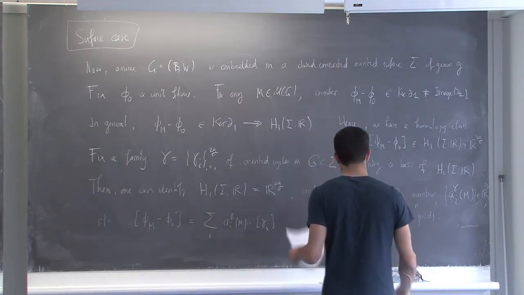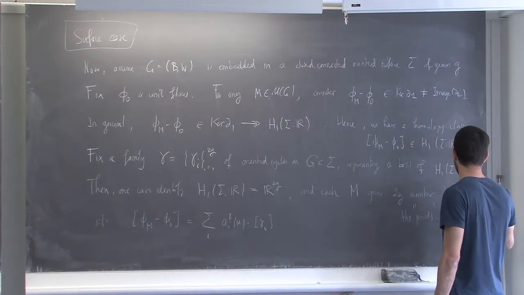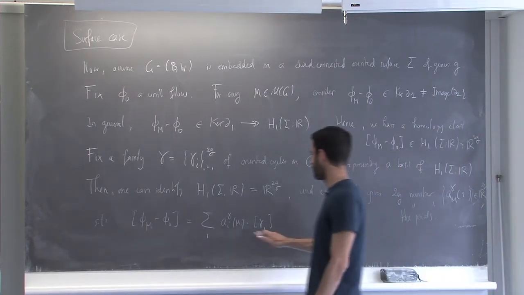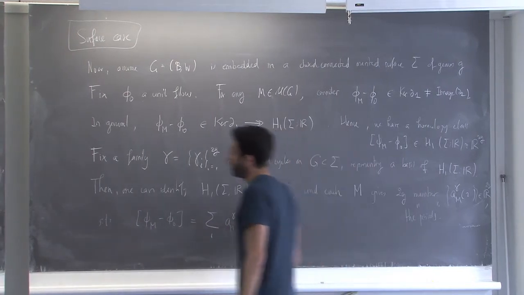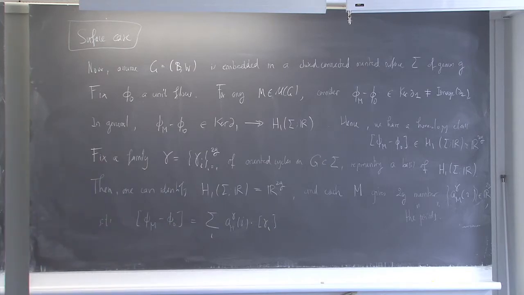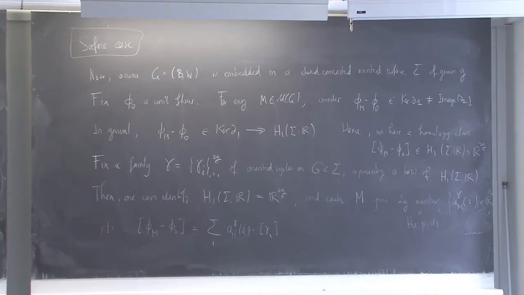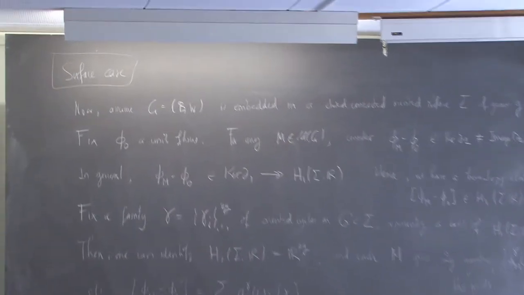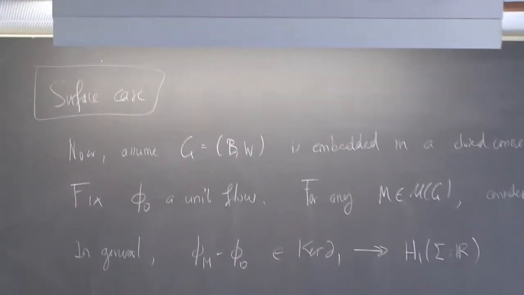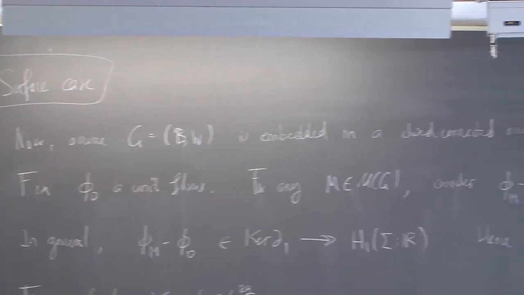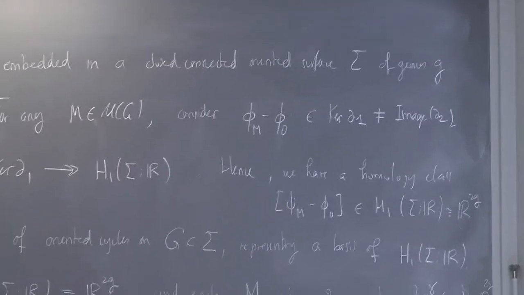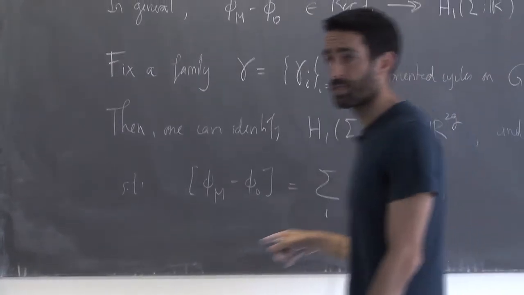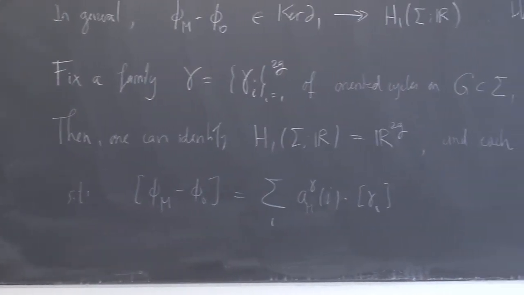Okay, do I follow my notations? Yeah, maybe to have the notations right, I'll write everything like this. Okay, so when you have a perfect matching, you have associated to it 2g numbers, and now what you can do is you take phi m minus phi 0 and then you also subtract all these numbers and then you'll have something which bounds.